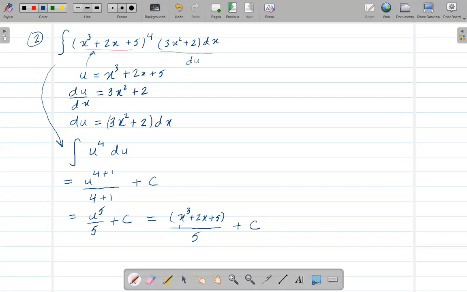All right, now let's do another one: the integral of e to the power t squared times t dt.